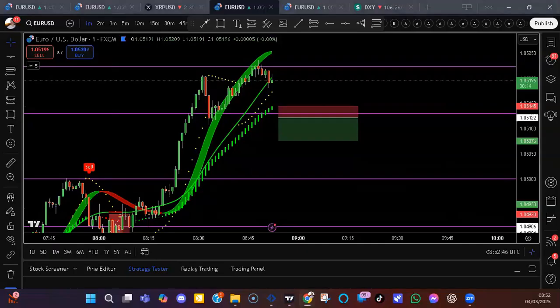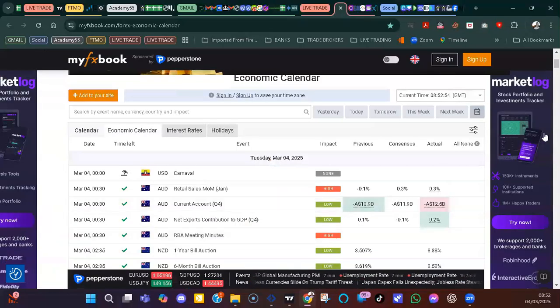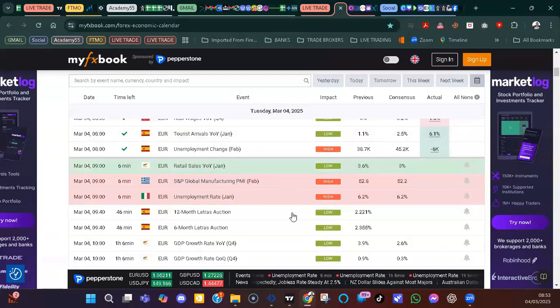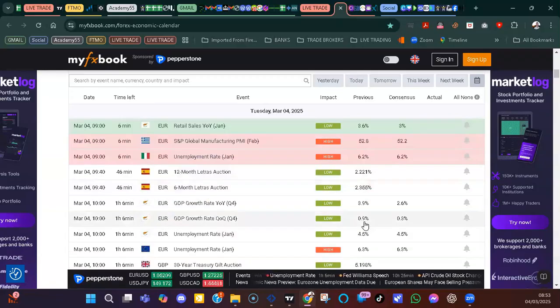Because we're into another hour now, I'm going to have a quick look at my FX book to see if we got any red flag news. Tuesday the 4th of March. Well, we got Greek news, that they're one of the poorer countries in Europe, and Italy aren't too bad. So there might be a little bit of movement there, but the previous and the consensus is still the same.